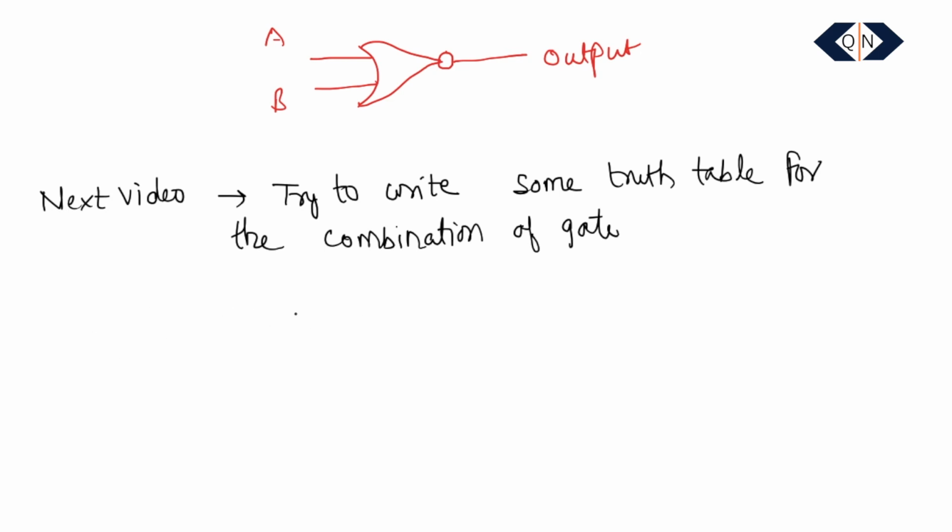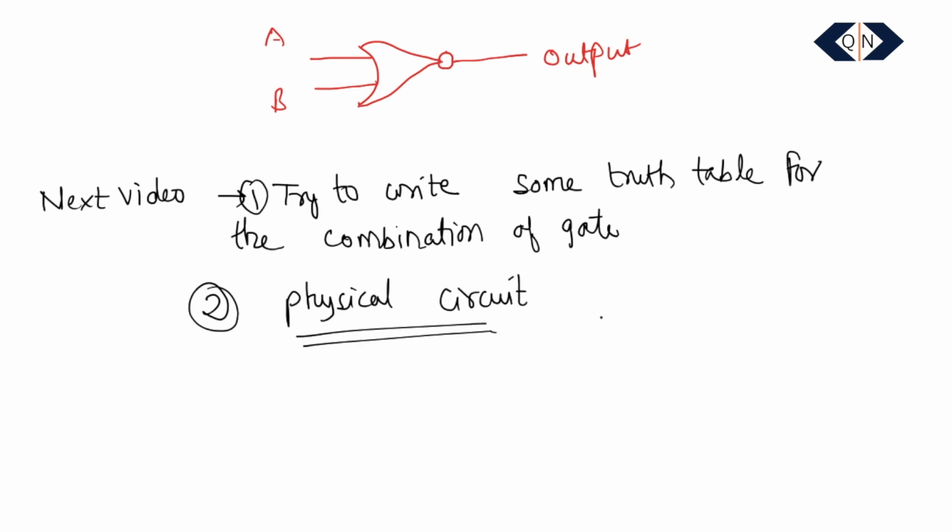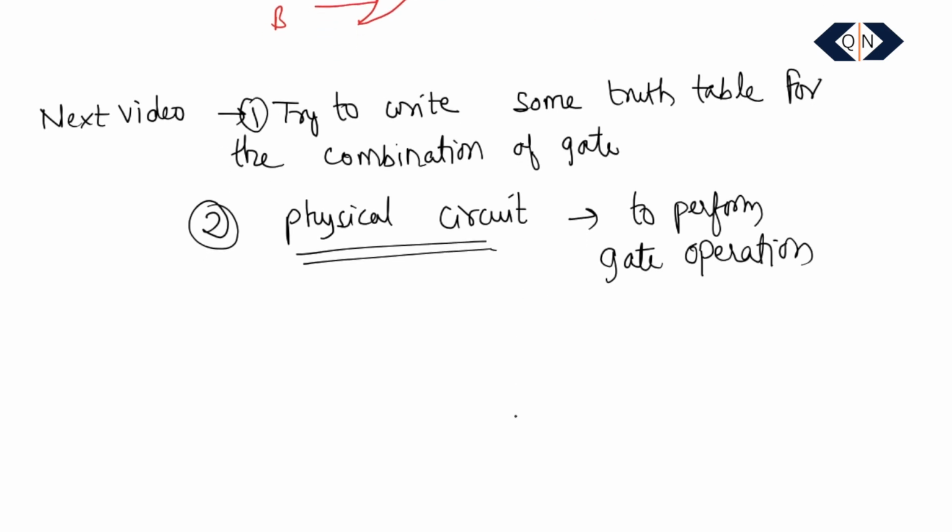This is the first thing we will do, then we will also look at the physical circuit for the gate to perform the gate operation. I will try to make an animation if possible.